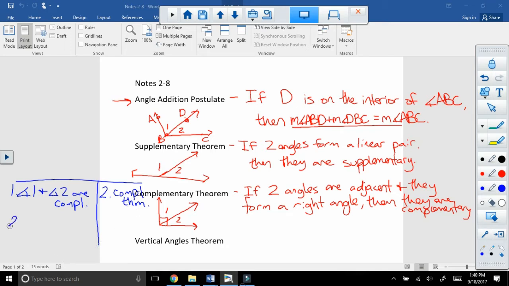And then what I can say is because of what complementary means, that means that these angles add up to equal 90 degrees. And this would be the definition of the word complementary.